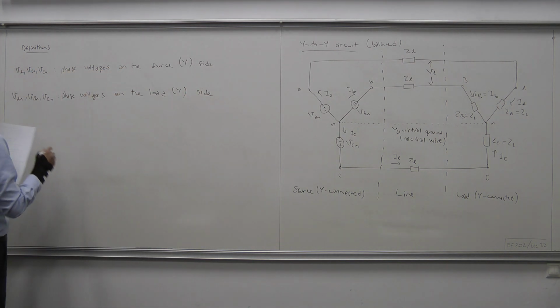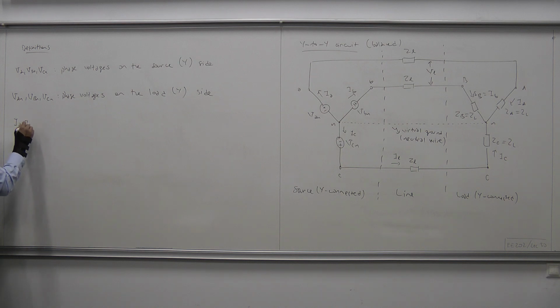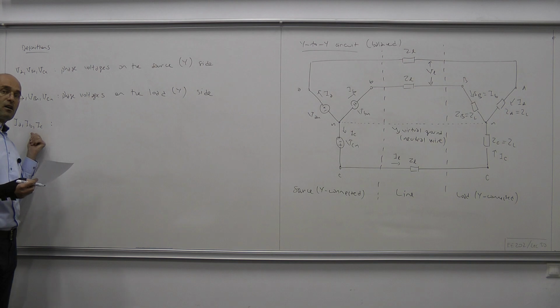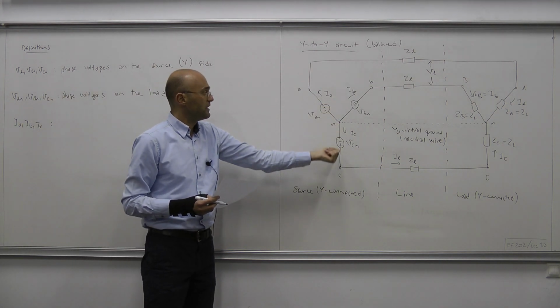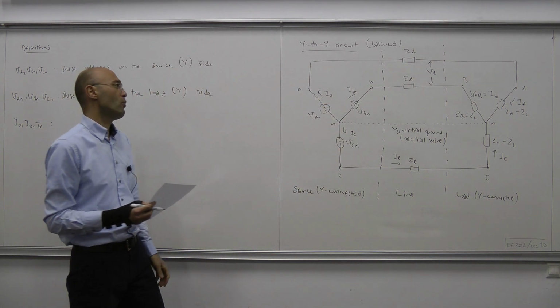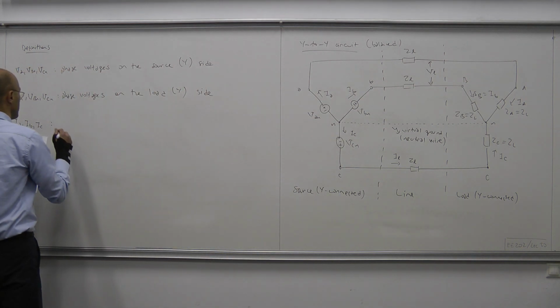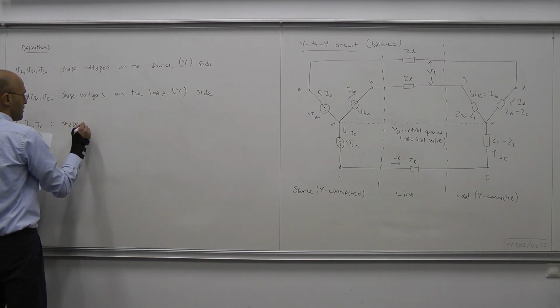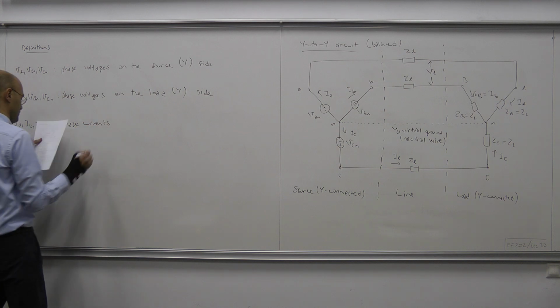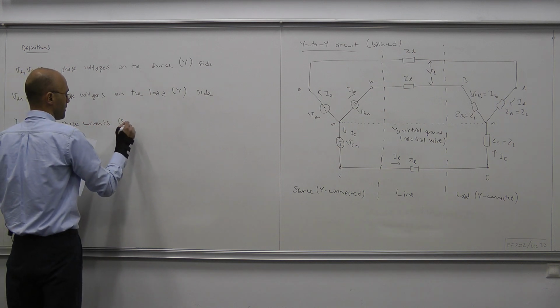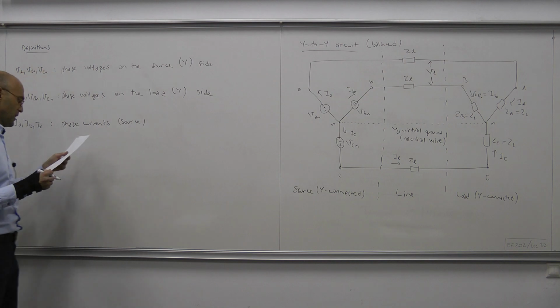And IA, IB, IC, they are the phase currents, the currents leaving the independent voltage sources on the source side.